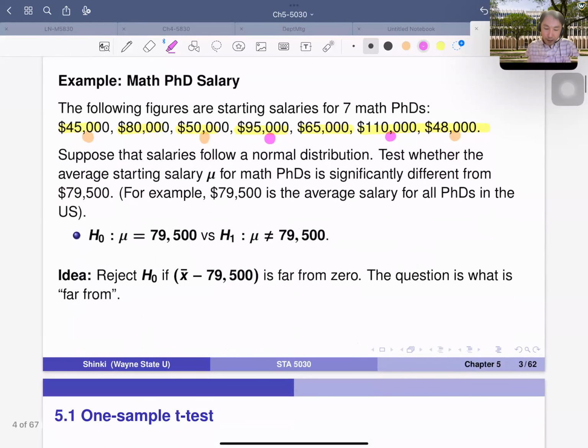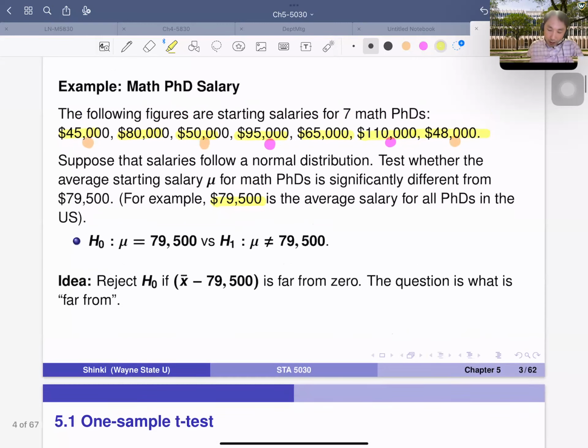And suppose that we have some average salary for all PhDs, that is 79,500. We want to see if the math PhDs from maybe a specific university have the same salary as the average PhDs in the United States, or higher or lower. We want to test. And we assume that the salaries follow a normal distribution.